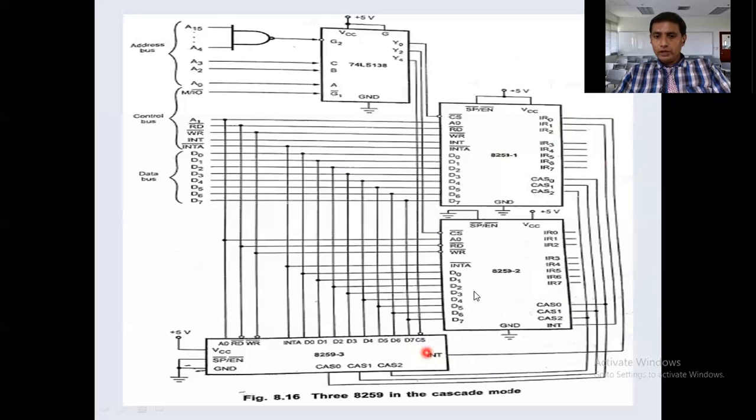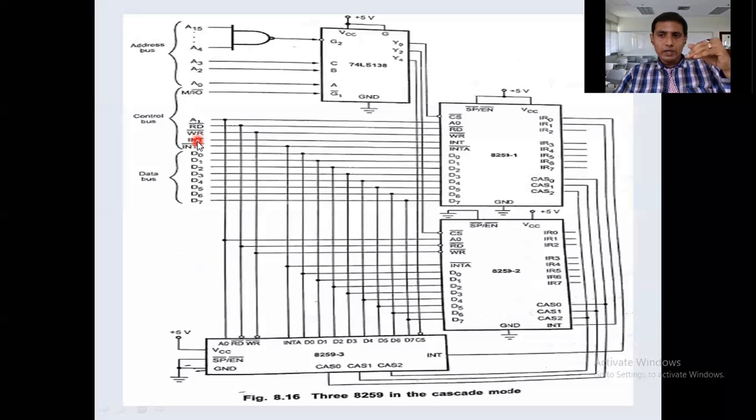See here, the slave interrupt pins are not directly connected to the processor. Only the master interrupt pin is connected to the processor, remember. So slaves simply connect their interrupt requests to IR0 to IR7 of the master only. For example, after receiving the interrupt request signals from the slave, the master sends an interrupt request signal to the processor. The processor completes the current instruction.